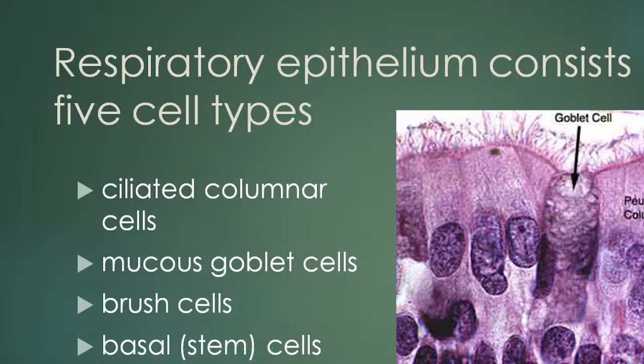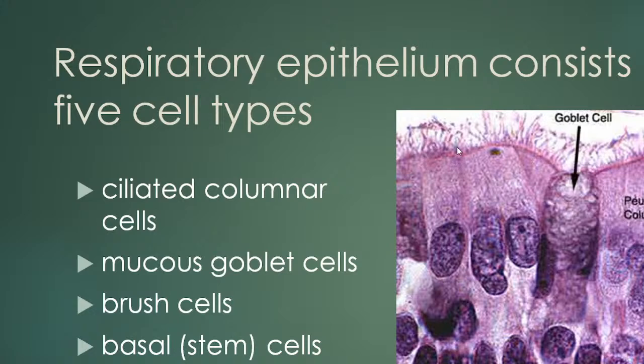And they have about 300 cilia on their apical surface. Their cilia can move mucus toward the oral cavity. So you can see a lot of cilia on each cell, and they help to remove foreign particles which can be on the surface of the epithelium.